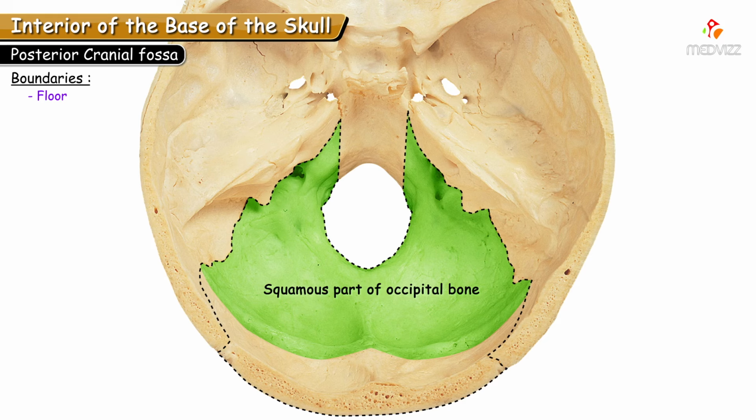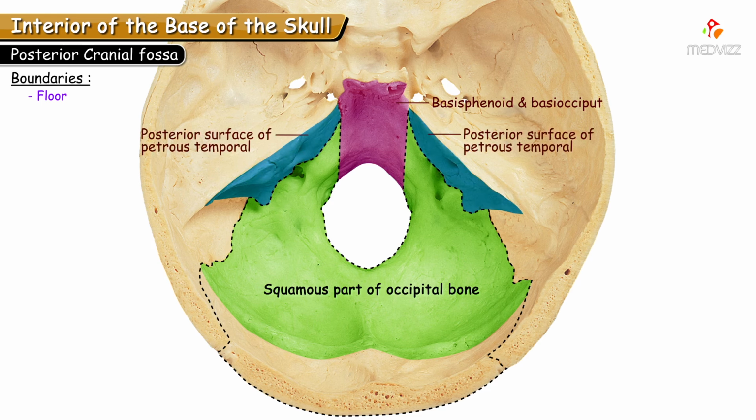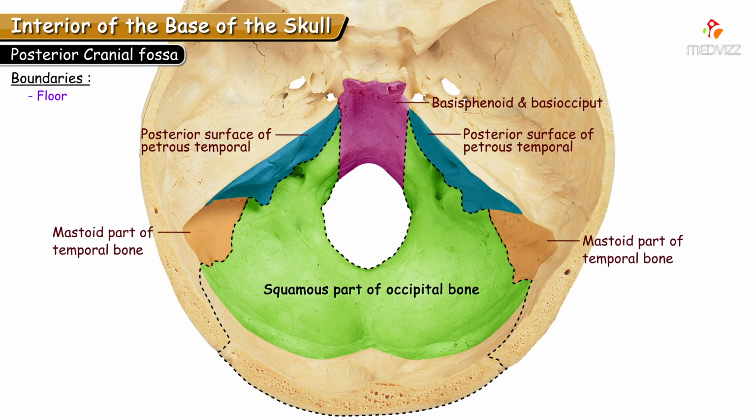In the middle, we can see the sphenoid or basi-occiput, which forms the midline of the floor, and the posterior surface of the petrous temporal bone on each side anteriorly, and laterally the mastoid part of the temporal bone. So these are the structures forming the floor of the posterior cranial fossa.